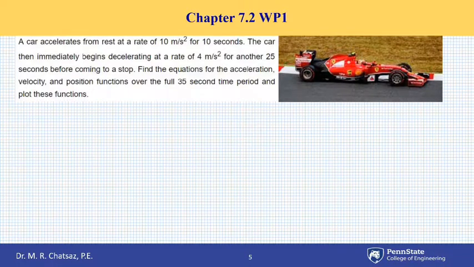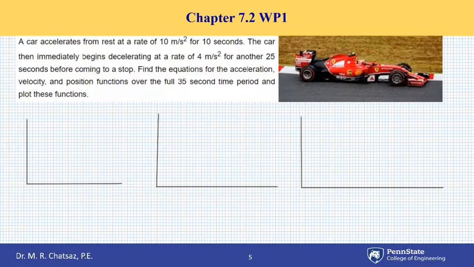What I'm going to do is I want to also redo the velocity and acceleration diagrams and see the correspondence between them. So let's say this is A versus t. Let's say this is V versus t, and let's say this is X versus t.